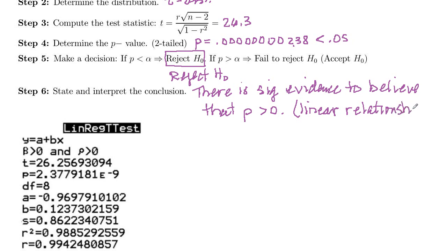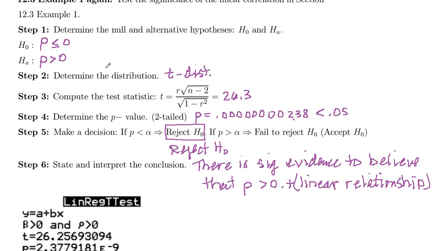Positive linear relationship, so let's put a plus in front of there. So actually, when we go back to our null and alternative, what we're trying to establish in our alternative is a positive linear relationship. That's what rho greater than 0 means.